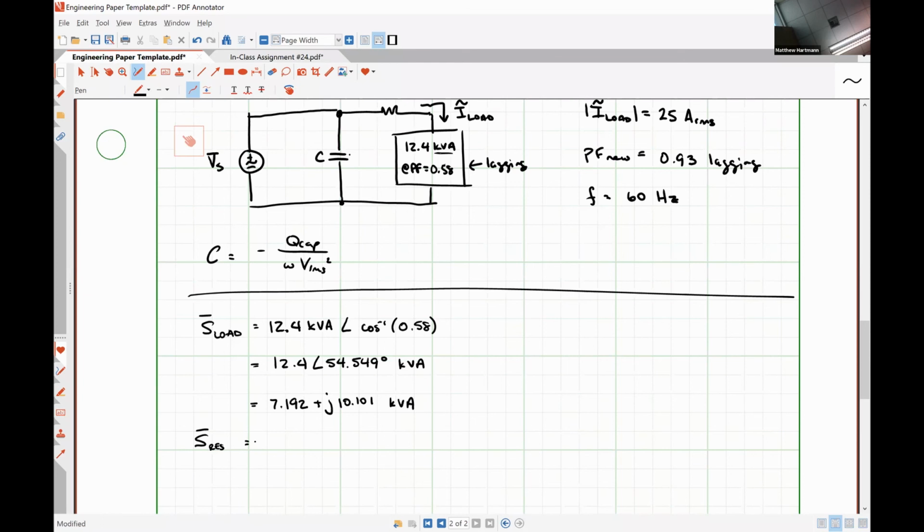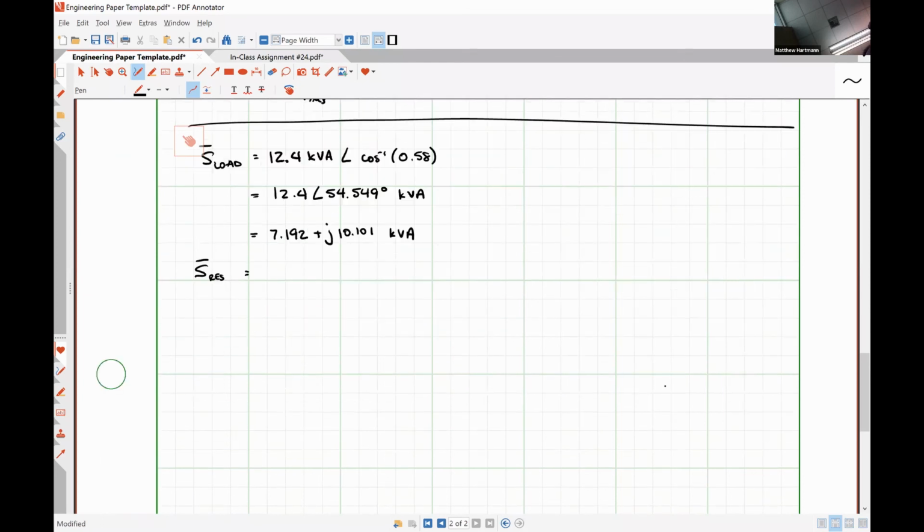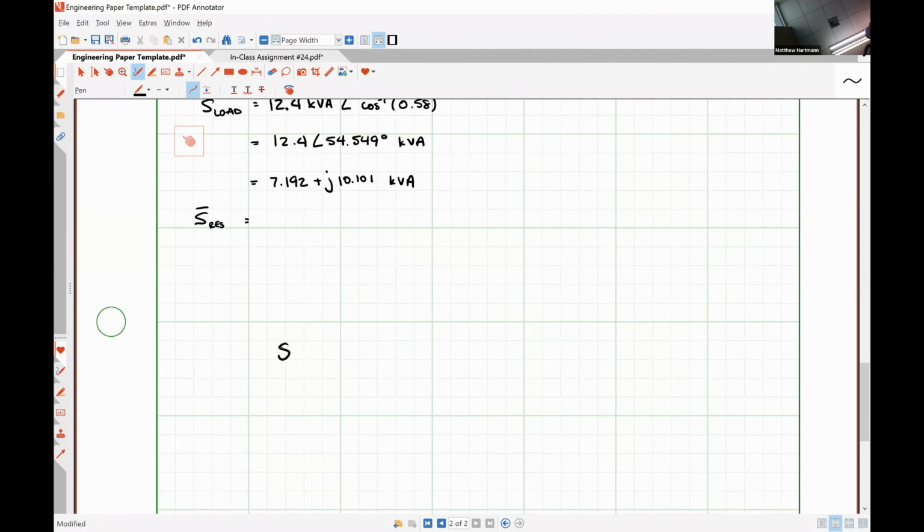If we went through the derivation, S is equal to V times I conjugate, which is I Z times I conjugate, which is magnitude of I squared times Z. Well, that's exactly the same thing as I squared times R in this case.